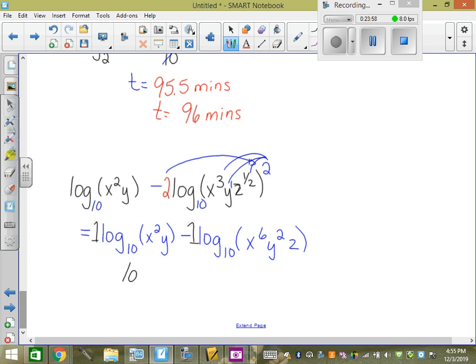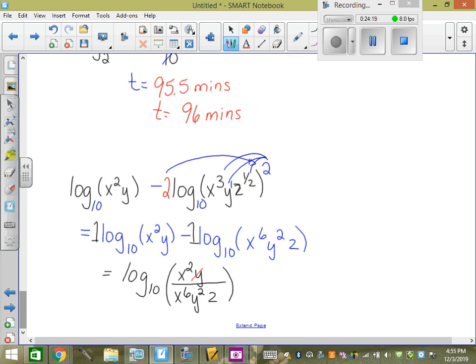So I can go log base 10. And do I need the 10s? No. But if I put the 10s, it often reminds me that I can put them together. So whenever I see logs without bases, I immediately write base 10 because often it will help me. On the bottom, I have x to the 6, y to the 2, and now just a z.